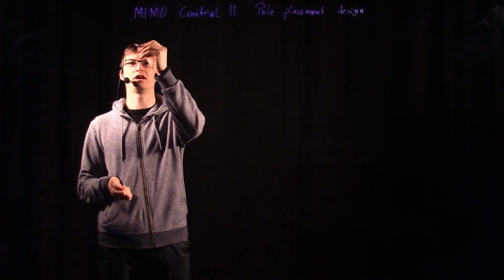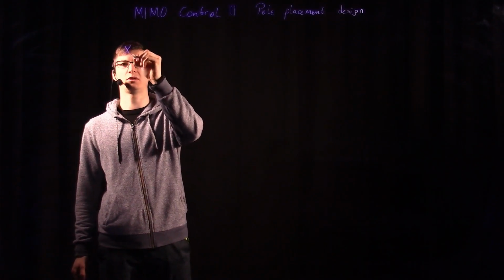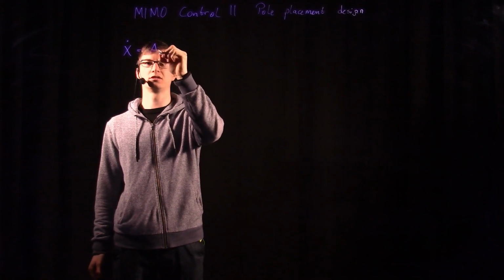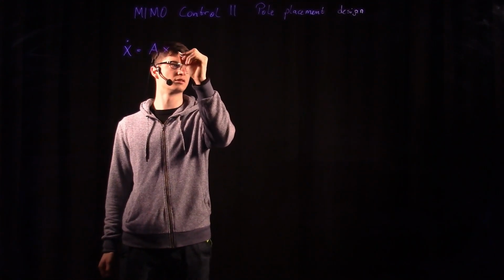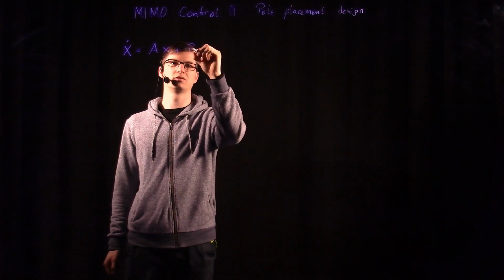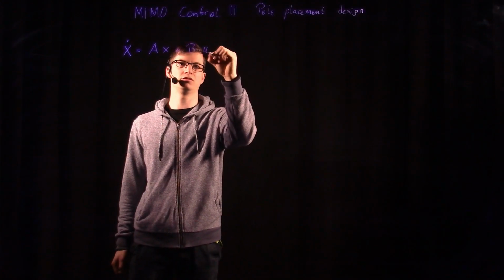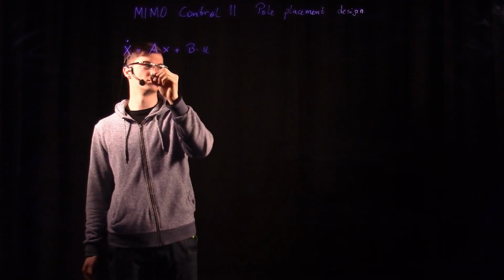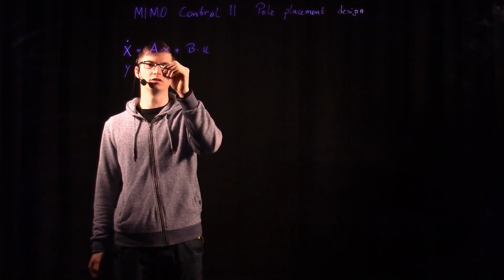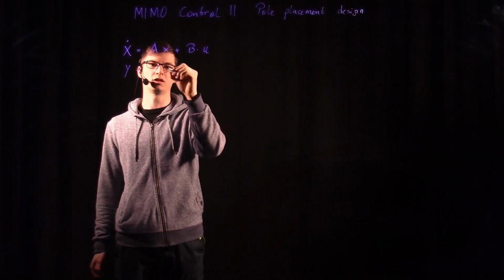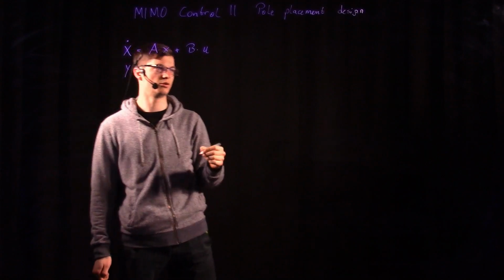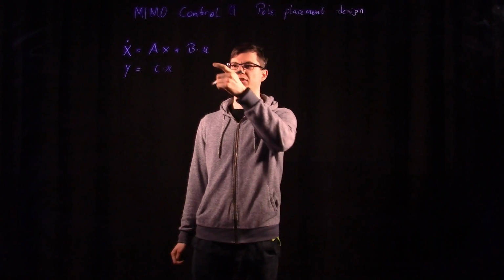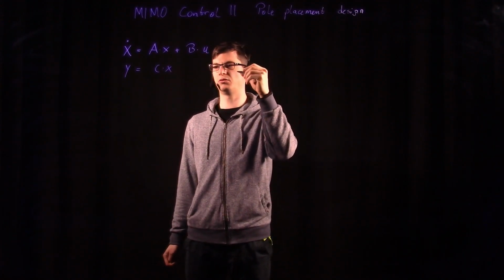We therefore can write the following state space equations: x dot equals A x plus b times u, and then the output y equals c times x, for instance.